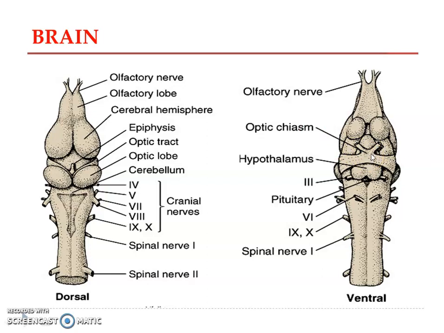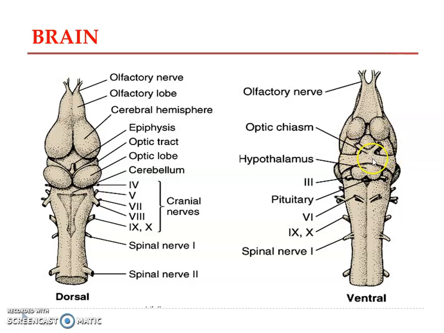So the optic chiasma indicates the region of the diencephalon on the dorsal side of the chiasma here. Now this part is the hypothalamus. The diencephalon is this part.